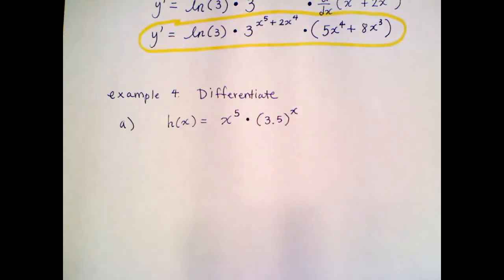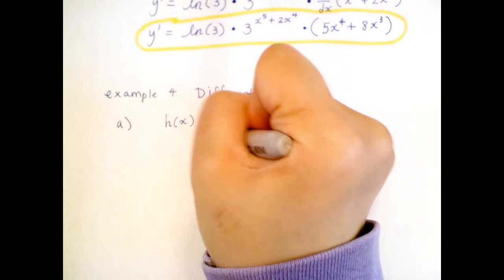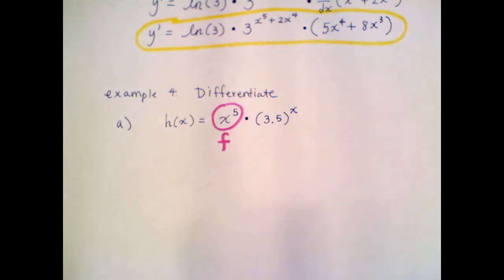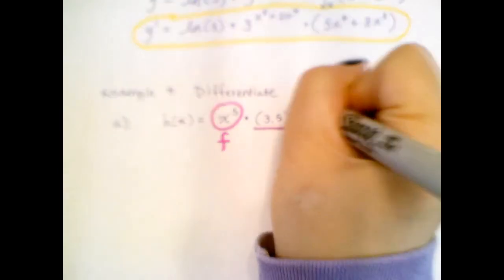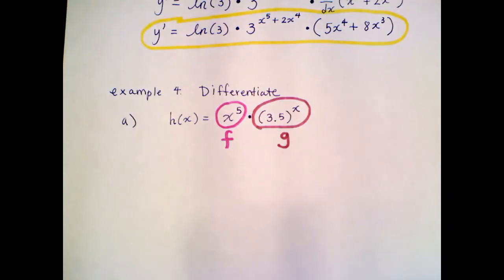Okay? All right. How will we do this? As you can see, this is a product, isn't it? So we'll call this our f, and we'll say this is our g. So you will have to use the product rule on this problem.